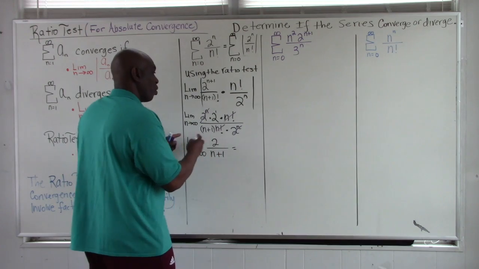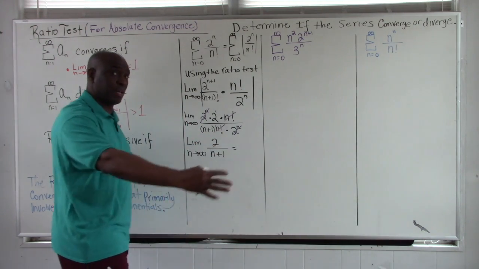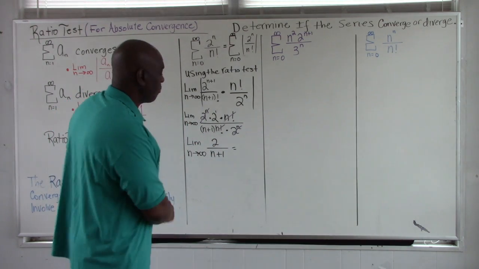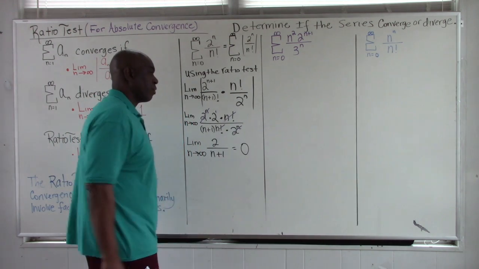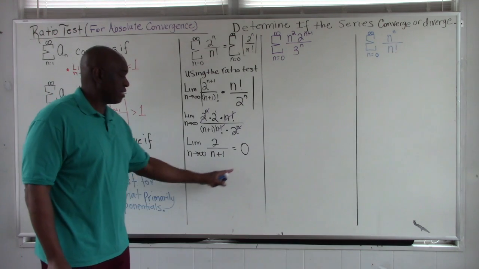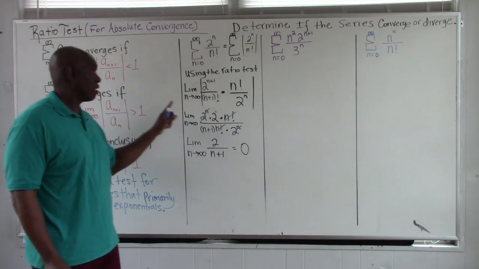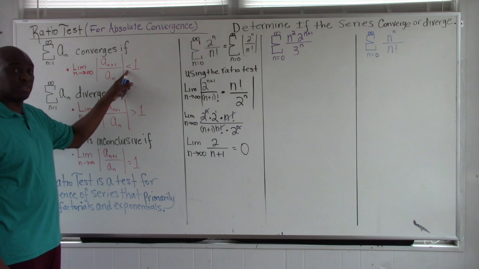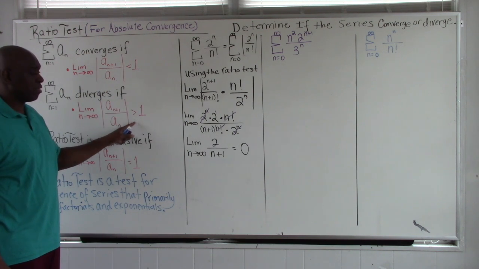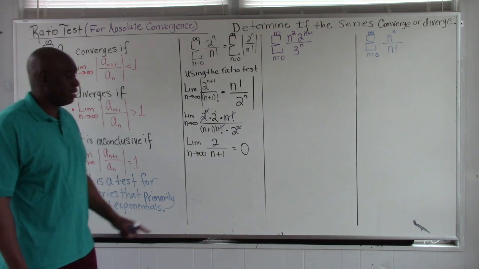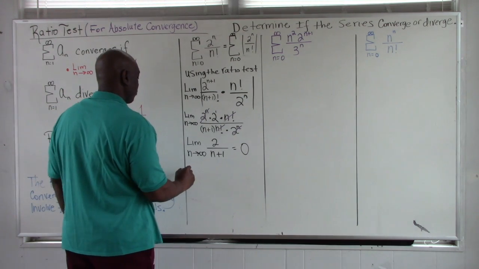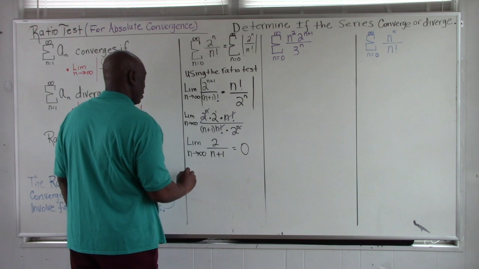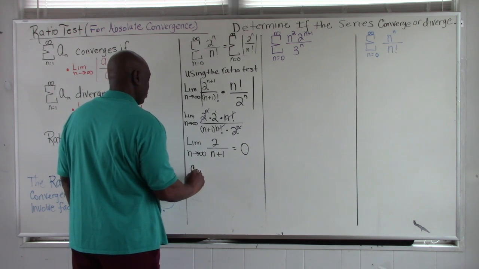So when you have 2 over a very large number, obviously you are approaching 0. Is our limit less than 1, greater than 1, or equal to 1? Obviously, it's less than 1. So this series, it converges.